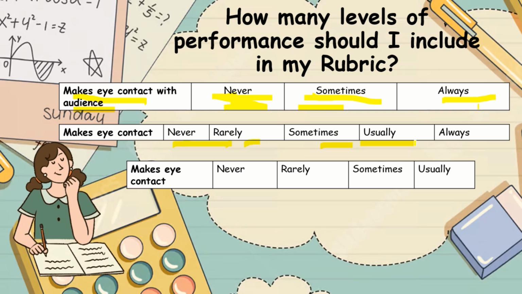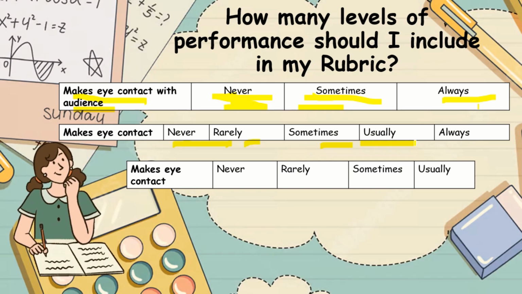So in here, there is no right answer as to how many levels of performance there should be for a criterion in an analytic rubric. That will depend on the nature of the task assigned, the criteria being evaluated, the students involved, and your purposes and preferences.